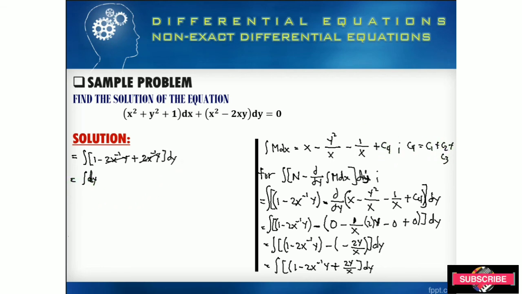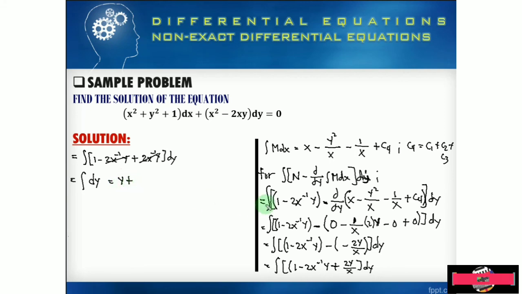So let us make this one clear. This is just equal now to the integral of 1 dy, and the integral of dy is simply equal to y plus a constant.